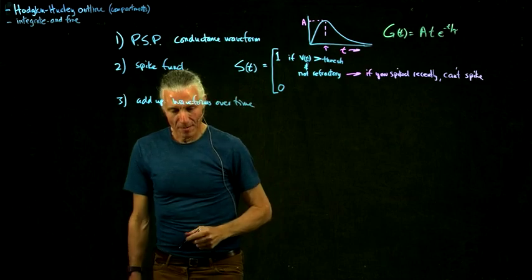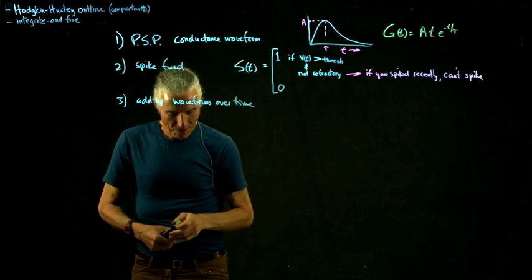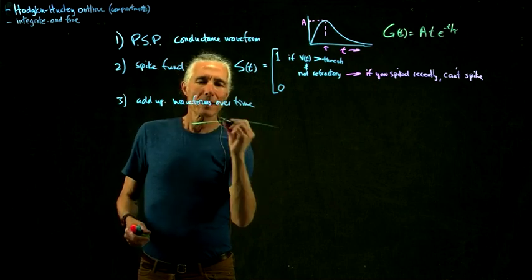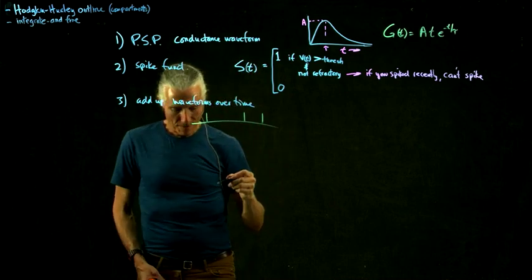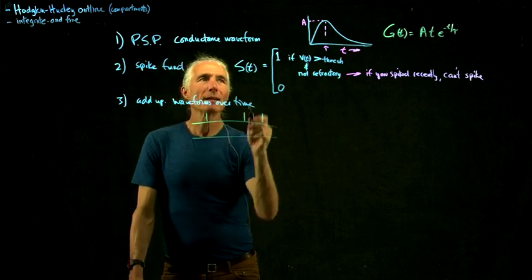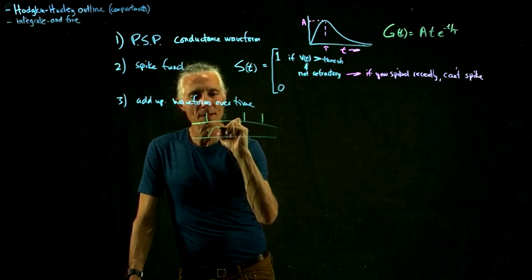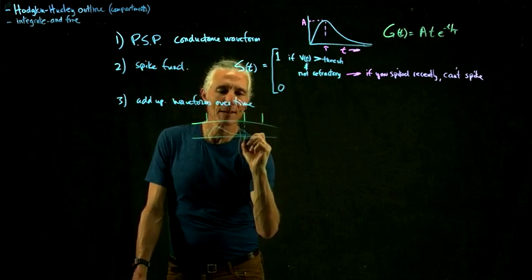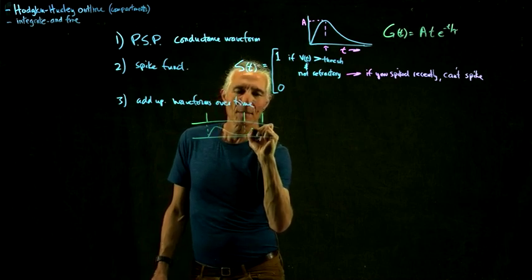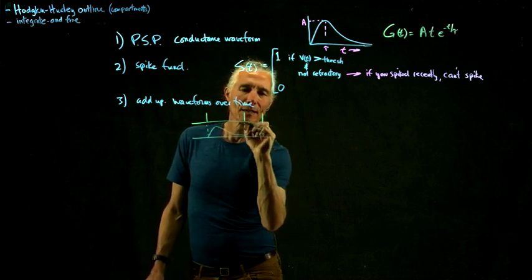And so how do we add them up over time? Well, what we're doing is we've got some spikes that came down the pike, like that. And what we want to do is add up those conductance waveforms. And so here's a conductance waveform that gets triggered off, and it's almost down to 0 when another one comes, and that goes up, and then now it's not quite down to 0 yet.